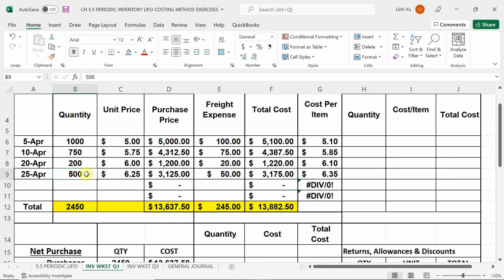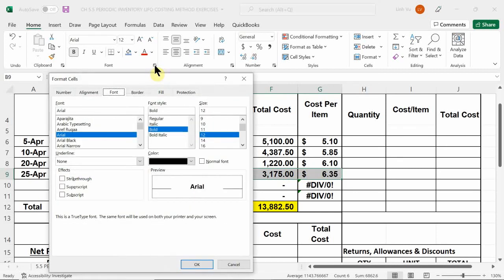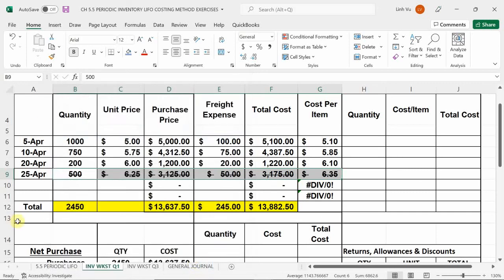So the rule of thumb is, if you are using Excel exactly like how I am, where I'm self-referencing a lot of things, you should not delete anything because of the dangers of linking all of your formulas together. So in this case, I can just strike it through so I know I got rid of it.